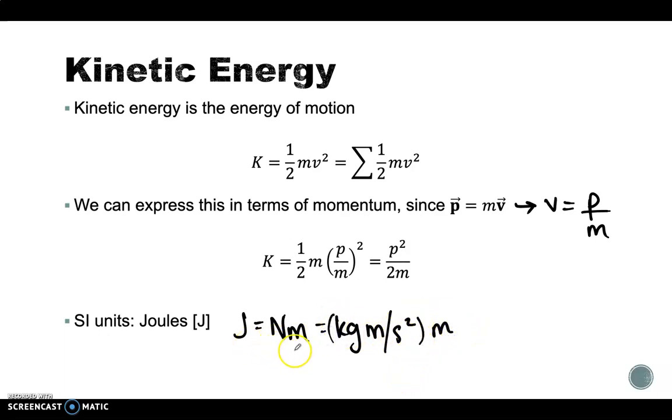So this is the breakdown of a joule. And we can look back at our kinetic energy equation and say, okay, we have mass, which is in kilograms, and we have velocity squared, which would mean meters per second, the whole thing squared. So we have meters times meters, which is meters squared, divided by seconds squared. So this does make sense.